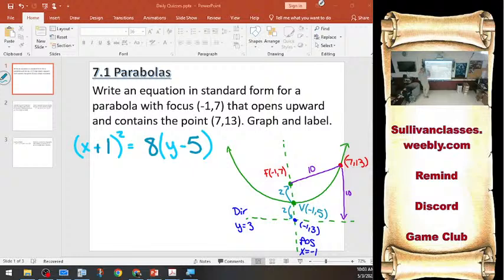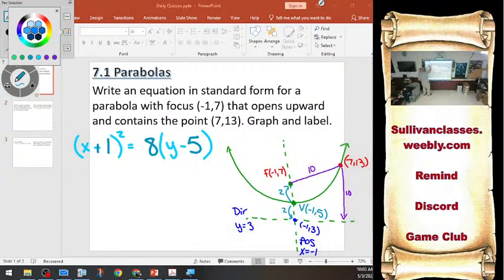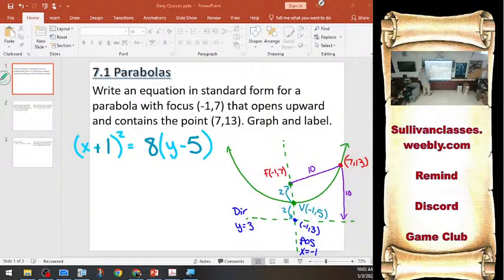Oh, and if I want an extra point on there to show my stretch or compression, because it does say to graph, 1 over 4p is my a value for my stretch or compression. So it's a 1/8 compression. So I can go from that vertex over 1 up 1/8, over 2 up 4/8, over 3 up 9/8.